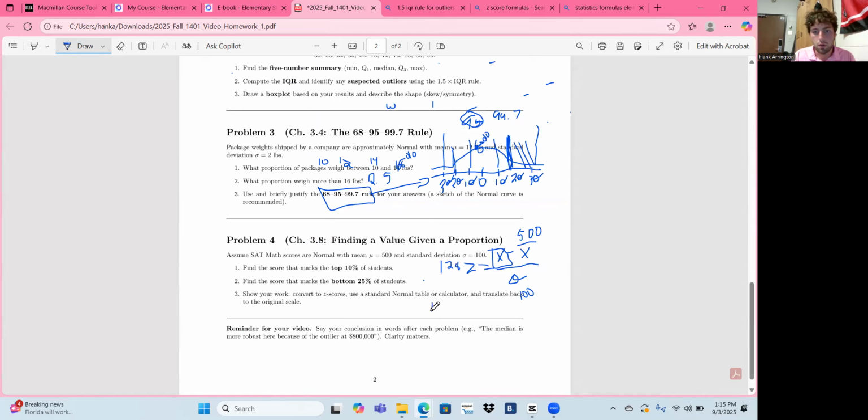If we rewrite that, it's 1.28 is equal to x minus 500 over 100. And with simple algebra from there, we multiply 1.28 times 100 and then add 500, we get the score that marks the top 10%, which is 628.